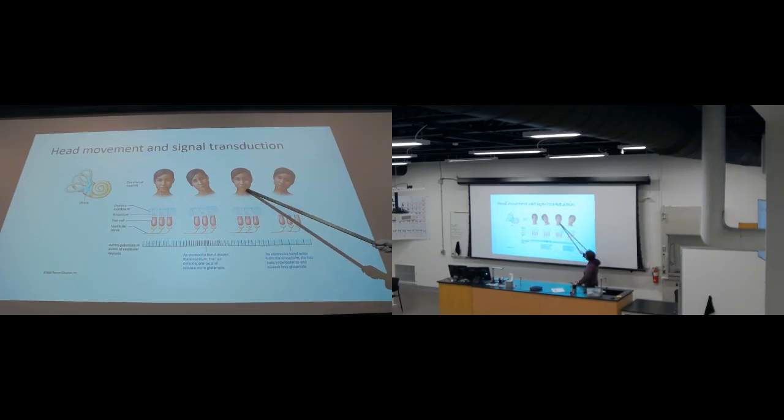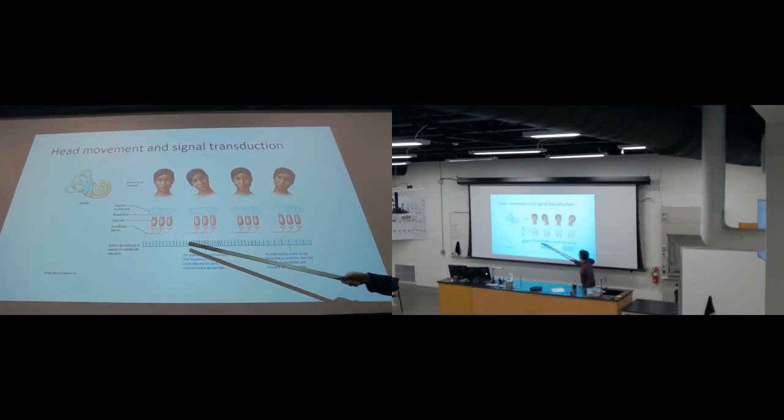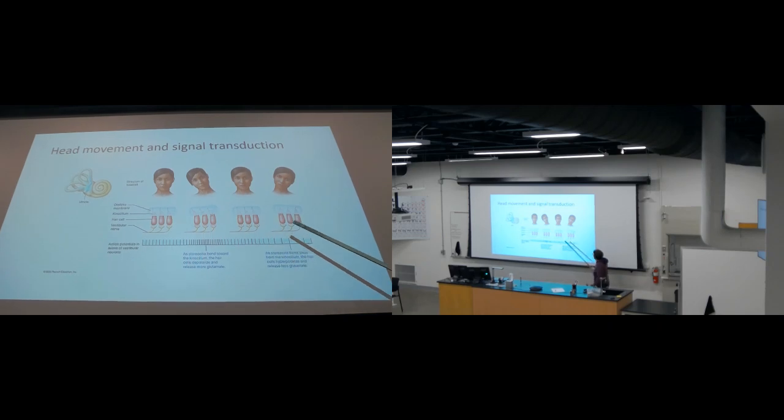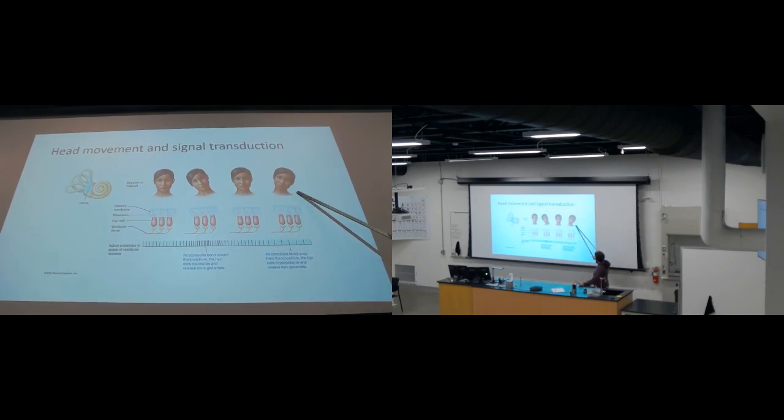And then when you return to the normal position, then there is no more bending of the stereocilia toward the kinocilium. So then you return to the normal levels of glutamate. And then your action potentials will be more spaced. And then what happens if you tilt the other way?